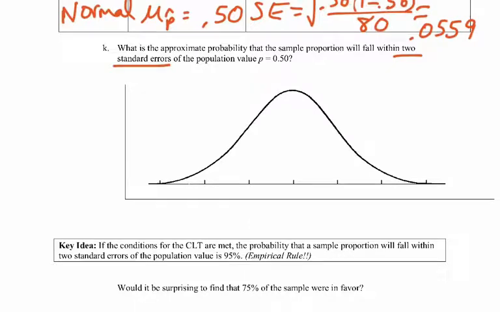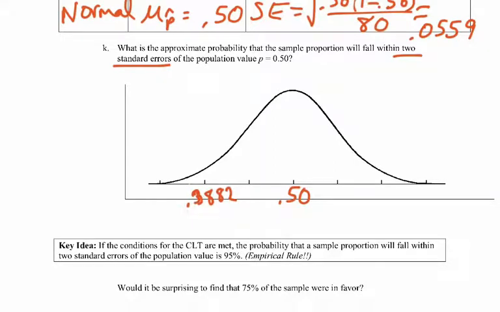So let's label the graph here. The 50% will go right in the middle. That's our expected value, the proportion we expect to favor it. So if we say our standard deviation is 0.0559, 2 standard deviations below that would put me right here at 0.3882.